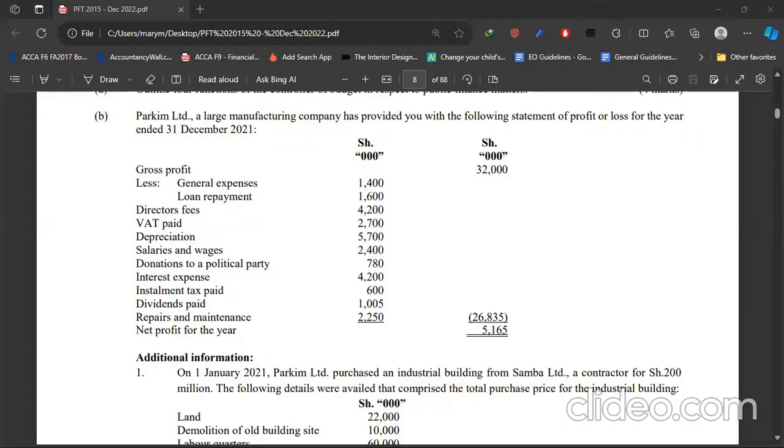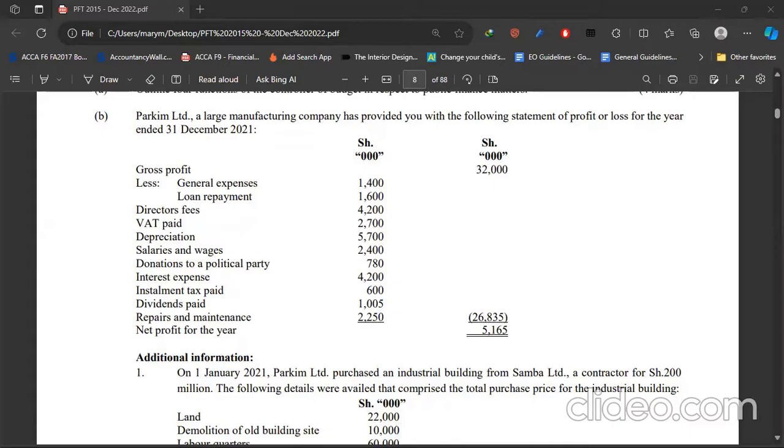Okay, Parking Limited, a large manufacturing company, has provided you with the following statement of profit or loss for the year ended 31st December 2021. Gross profit 32,000. General expenses 1,400. Loan repayment 1,600. Director's fee 4,200.